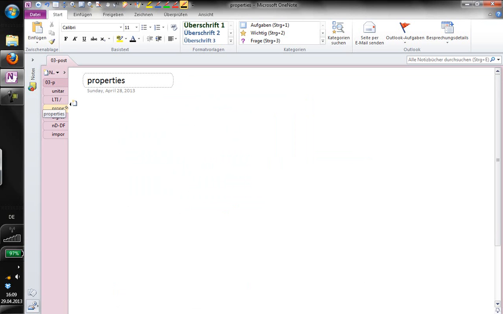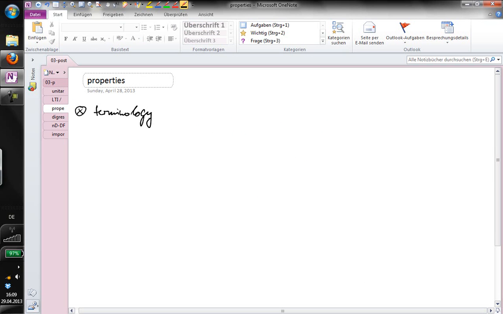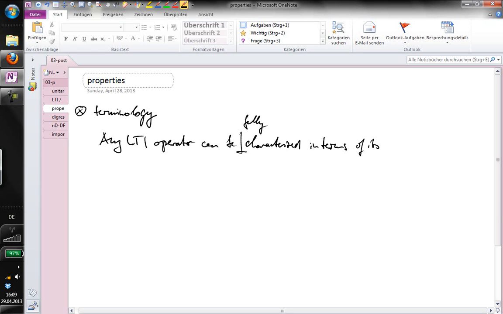So there are loads of important properties. I will start with a bit of terminology. I've said several times that any LTI operator can be fully characterized in terms of its eigenvalues.